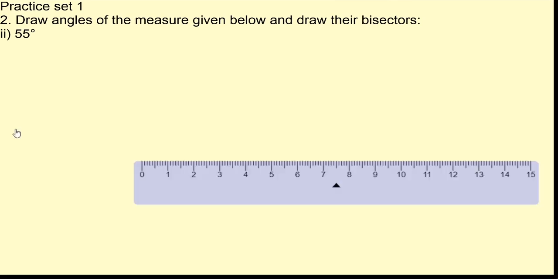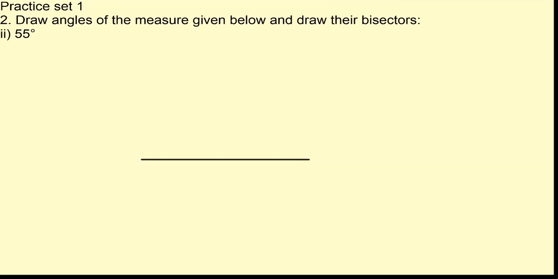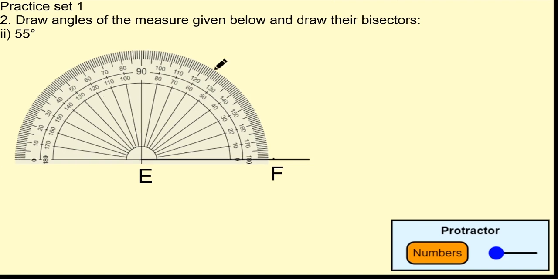For that, take a scale and draw a line segment of any measurement. Then, name it as E and F. Place the protractor on point E and mark 55 degree.